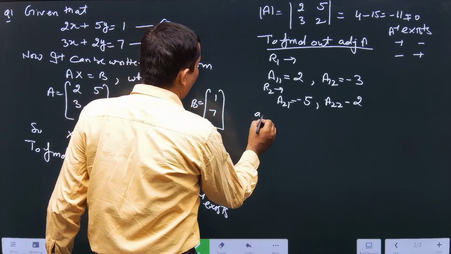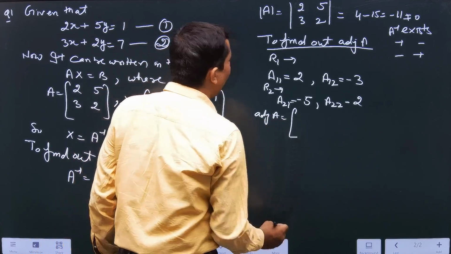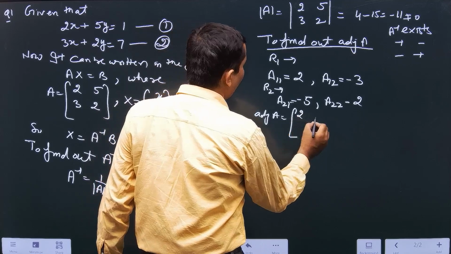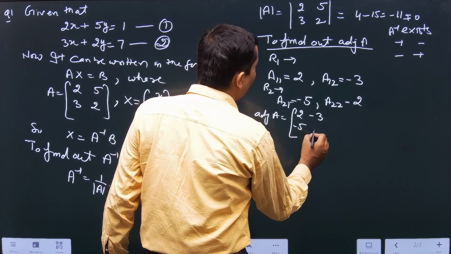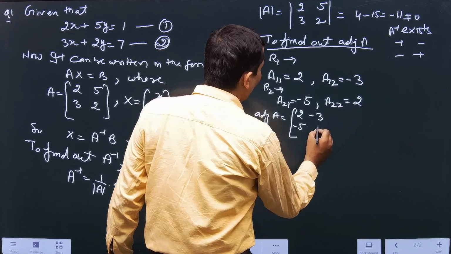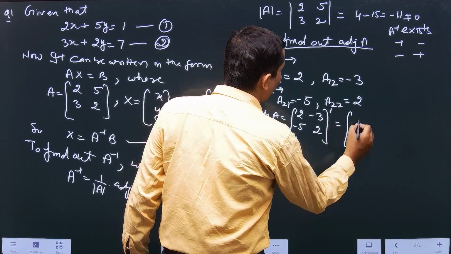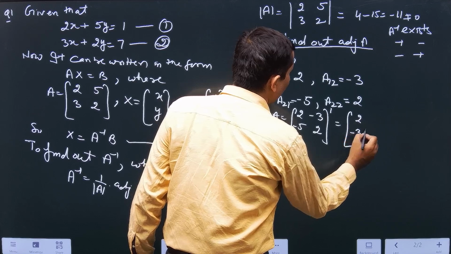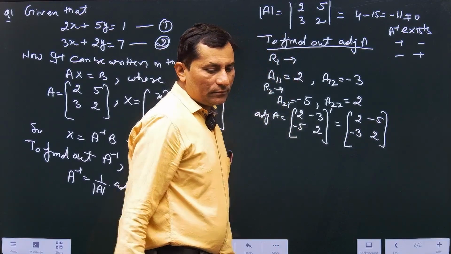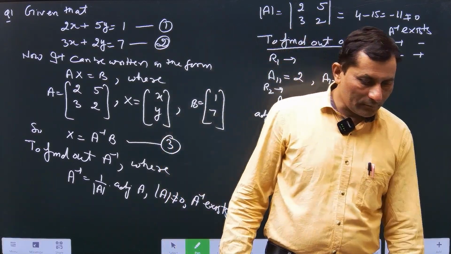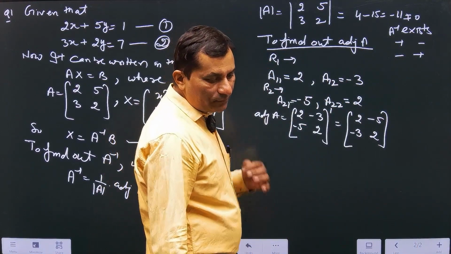So adjoint A is equal to the transpose of the cofactor matrix, and the cofactor matrix is 2, minus 3, minus 5 and 2. Its transpose is 2, minus 3, minus 5 and 2.